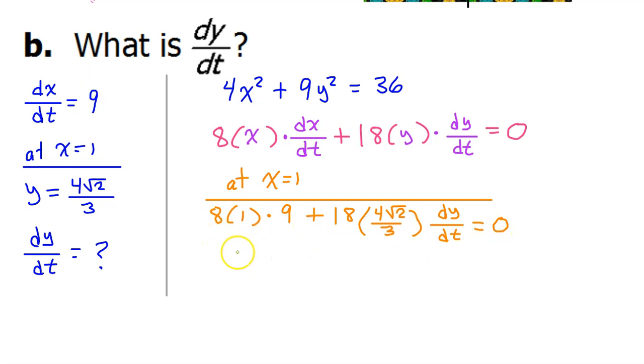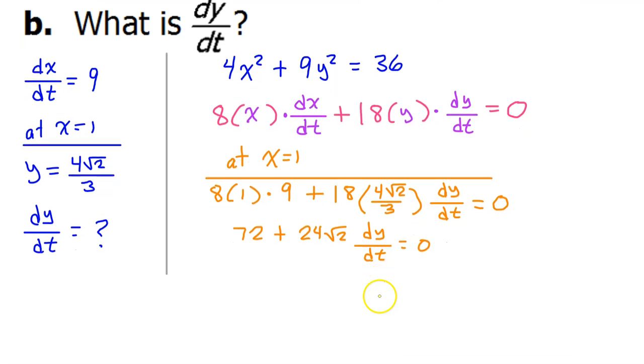8 times 9 is 72. 18 divided by 3 is 6. And 6 times 4 is 24. So we have 72 plus 24 radical 2 dy/dt is equal to 0.